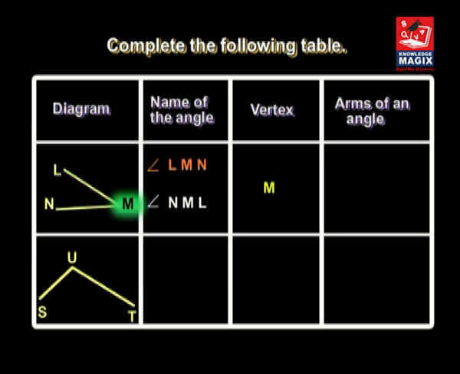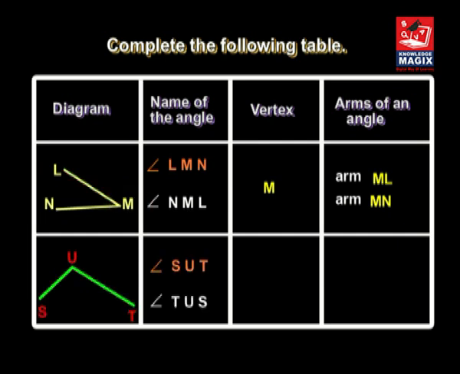The vertex is M and the arms of the angle are ML and MN. Then name of the angle, angle SUT or angle TUS. The vertex is U and arms of the angle are US and UT.